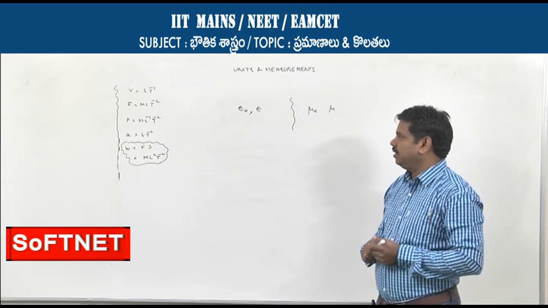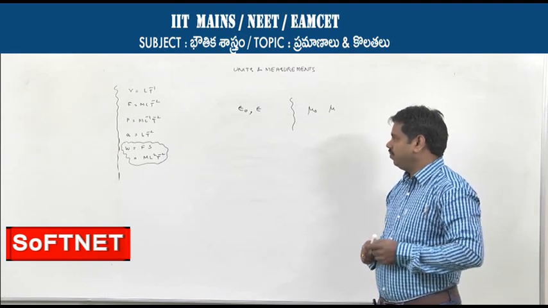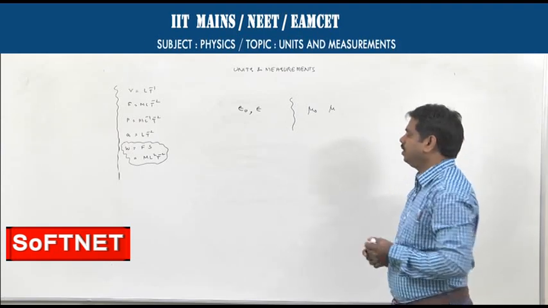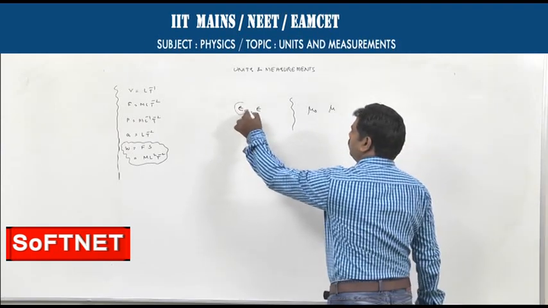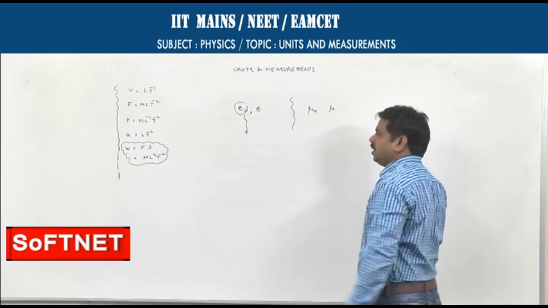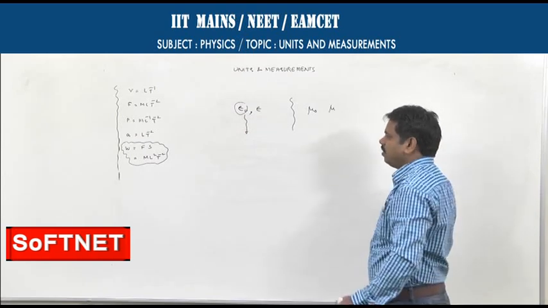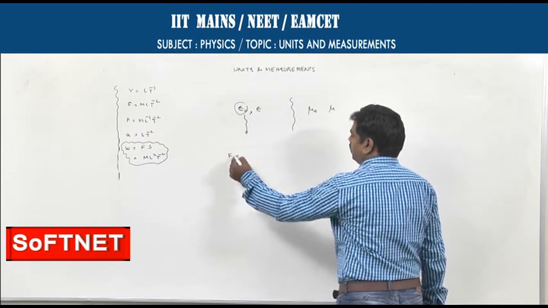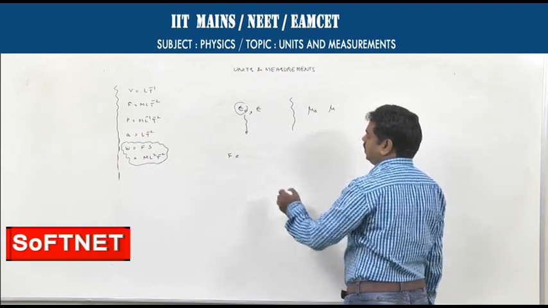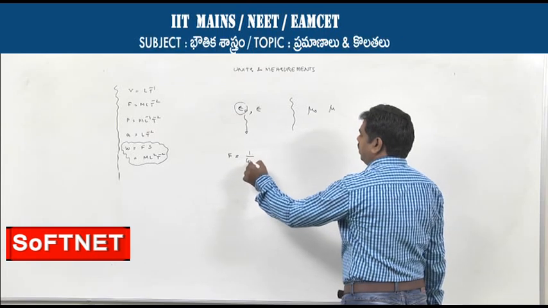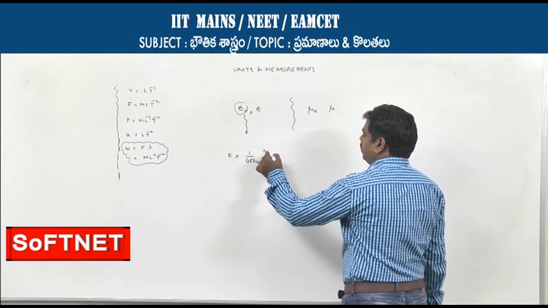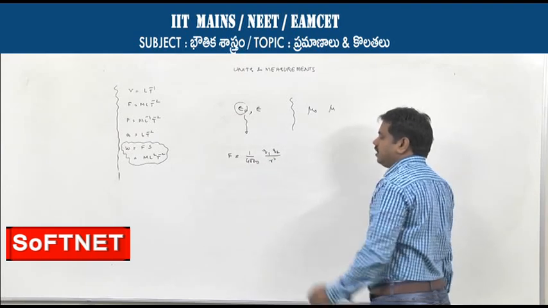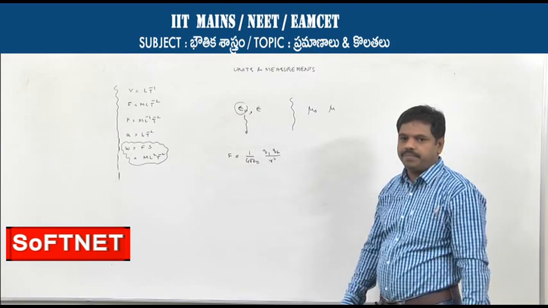Let us write the dimensional formula of the permittivity of the free space or air. So at least you have to know the formula related to epsilon naught. We know that in static electricity, the force of attraction or repulsion between any two point charges can be represented with the equation F = 1 by 4 pi epsilon naught q1 q2 by r square, where charges are placed in air or free space.